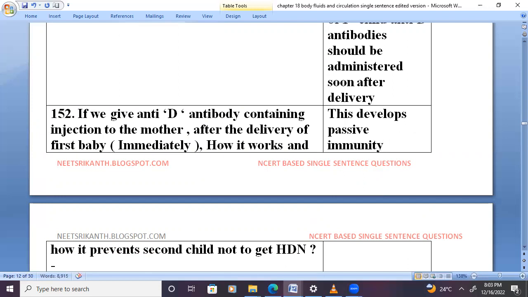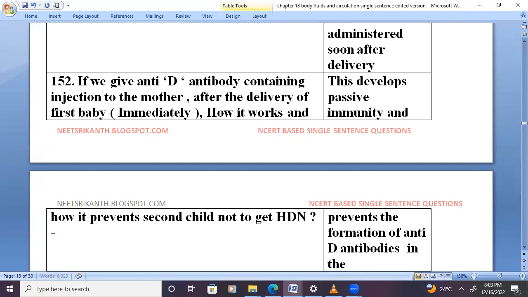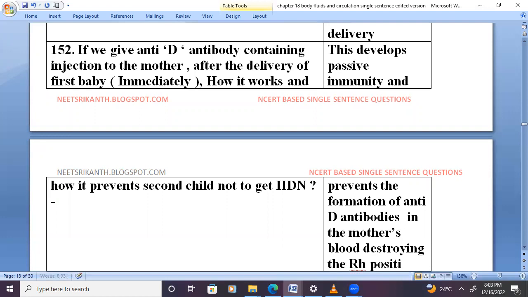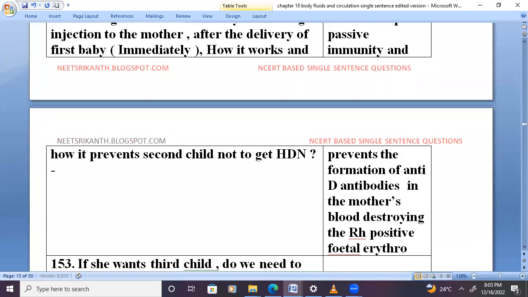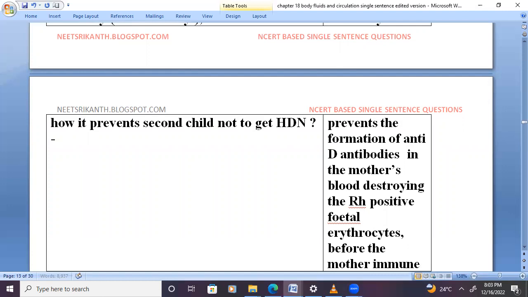This develops passive immunity and prevents the formation of anti-D antibodies in the mother's blood, destroying the Rh positive fetal erythrocytes before the mother's immune system is sensitized.